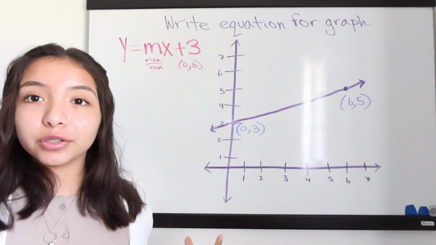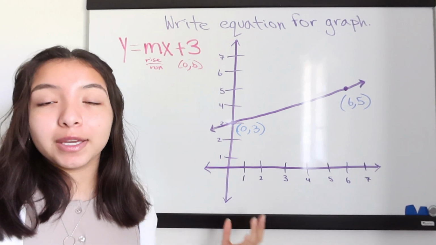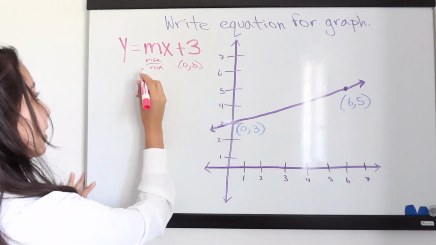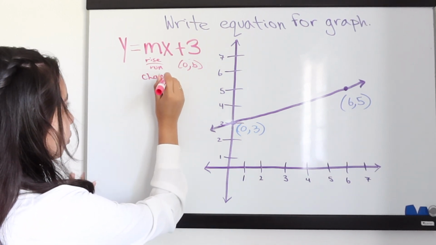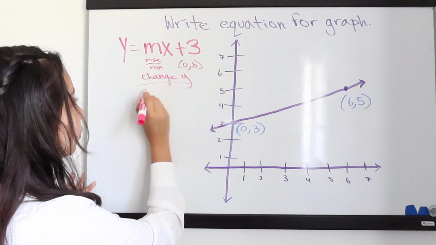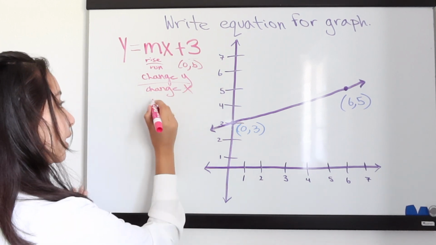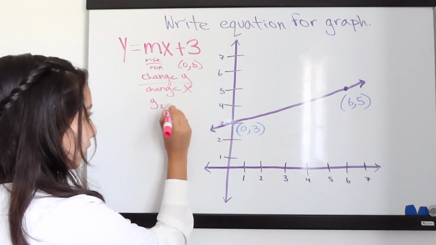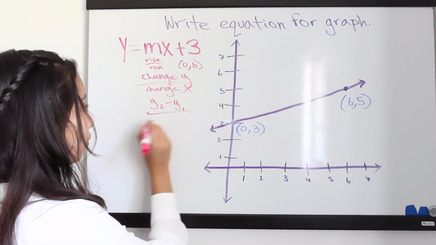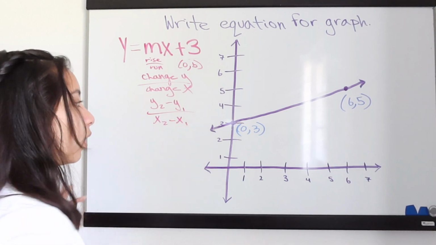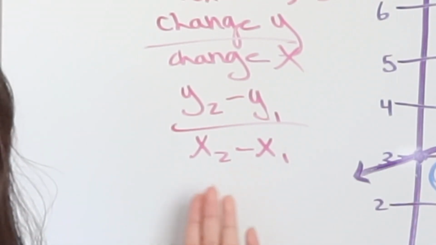But it is also change in y over change in x. And how you would write that is the change in y over the change in x. You could also write it as y2 minus y1 over x2 minus x1. This is how you would write the slope algebraically.